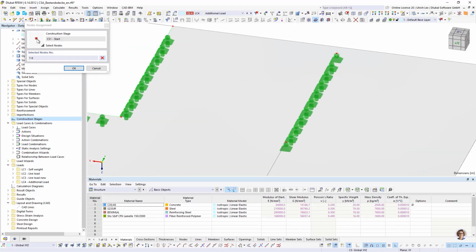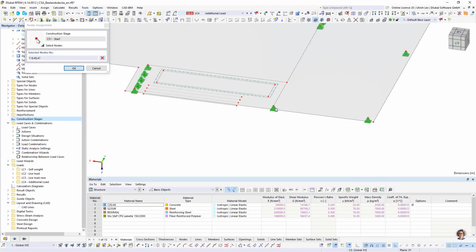And here I can now select these nodal supports because both should act in the first stage.